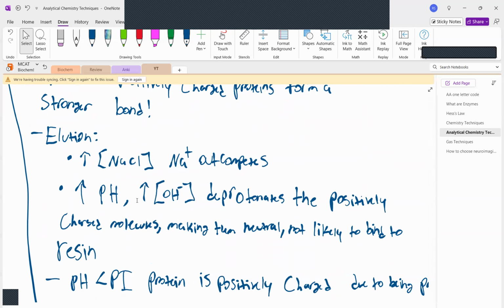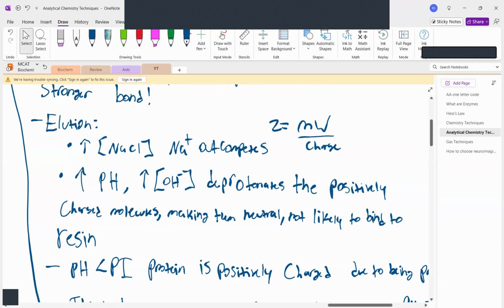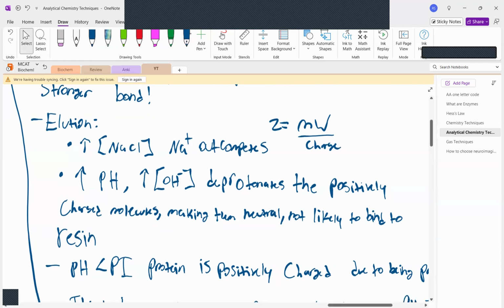Na+, because it's a small positively charged molecule, will outcompete a lot of the other larger ones, since it has a smaller z score, where z is equal to molecular weight over charge. Obviously sodium has a very small molecular weight, but it's positively charged. So it'll outcompete a lot of those proteins or molecules.